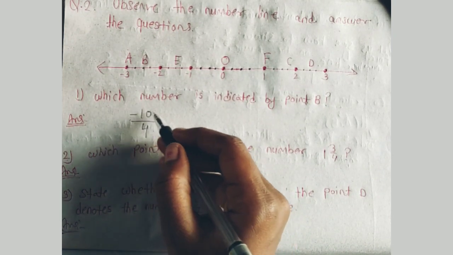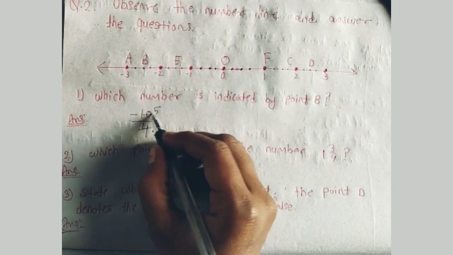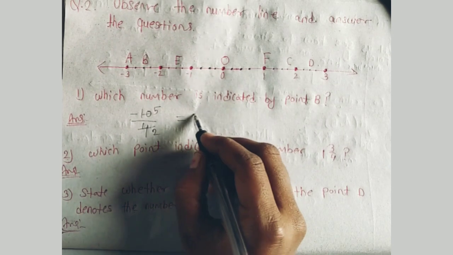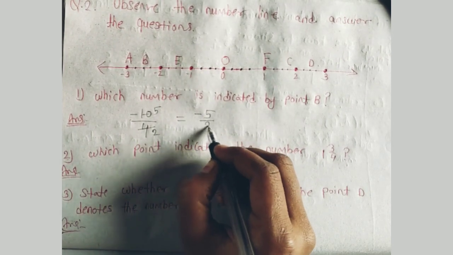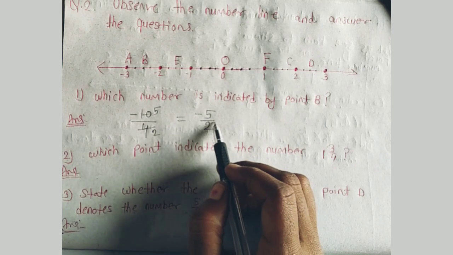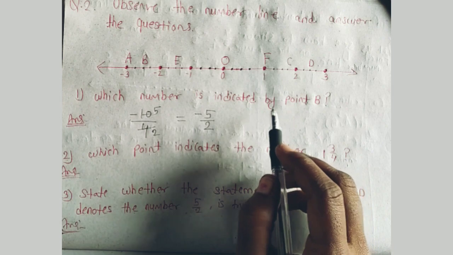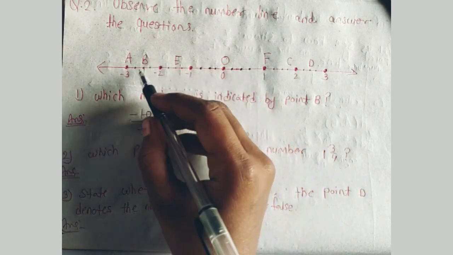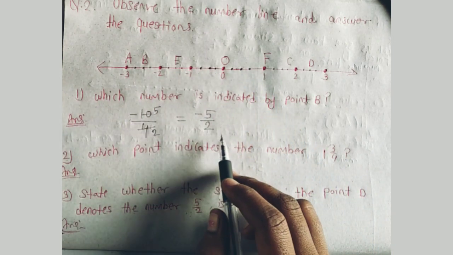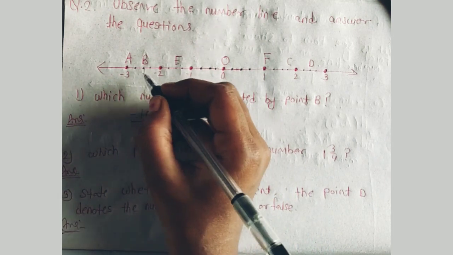We can reduce this. 2 2s are 4, 2 5s are 10, which is equal to minus 5 upon 2. So the number minus 5 by 2 is indicated by point B.